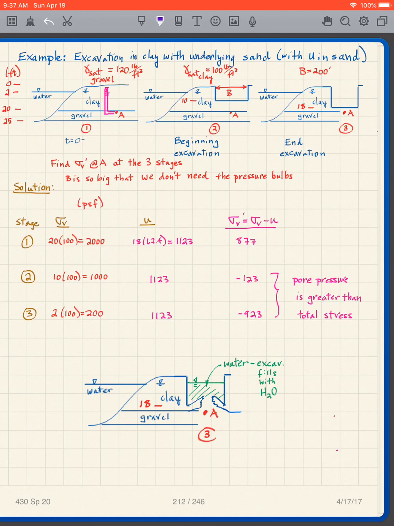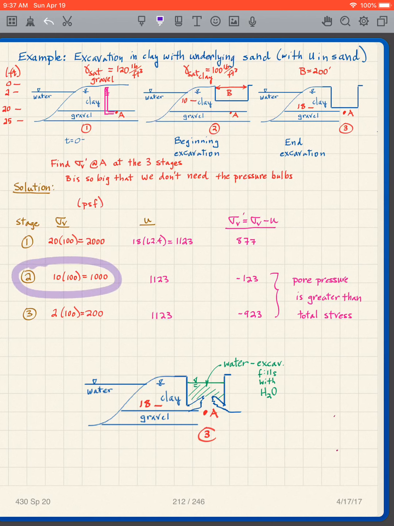For stage 2, at point A, what do I have? I only have 10 feet of saturated clay, so it's 10 times 100, 1,000. At stage 3, I now only have 2 feet, so it's 2 times 100, 200.